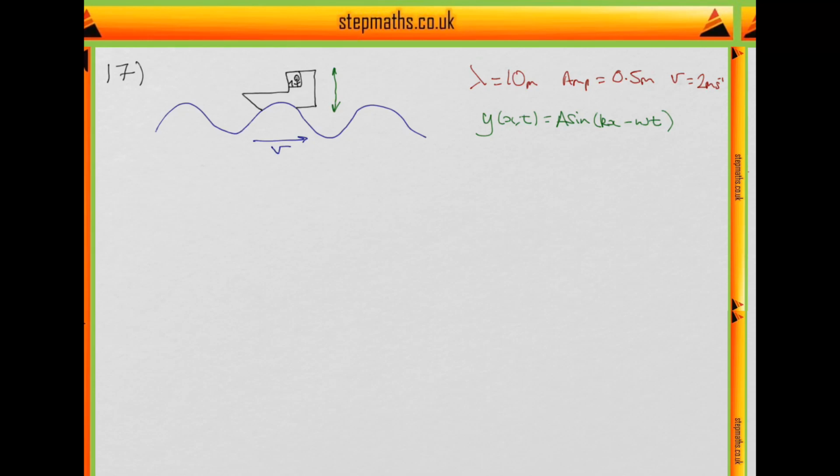So let's think about what this y of x and t means. If we imagine we drew an axis here and labelled it x and y, we're thinking about the motion of this wave with respect to some coordinate x in this direction and y in this direction. So the y of x and t denotes the vertical displacement of this wave.